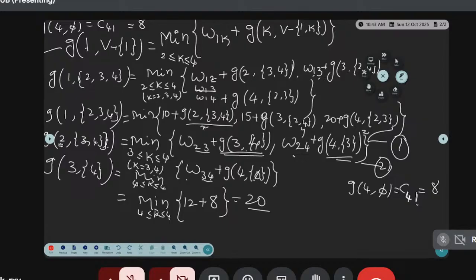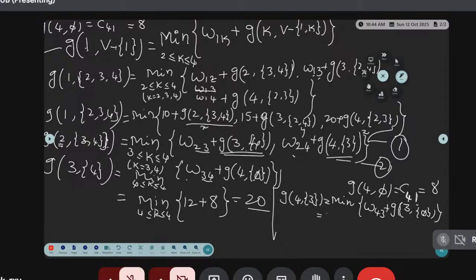So again you need to calculate g of 4 comma 3. g of 4 comma 3 we'll do in a single step here. g of 4 comma 3 is equal to the minimum, with k valued only 3 here. That's it, right? 4 1k 4 3 plus g of k value is 3 comma 5.